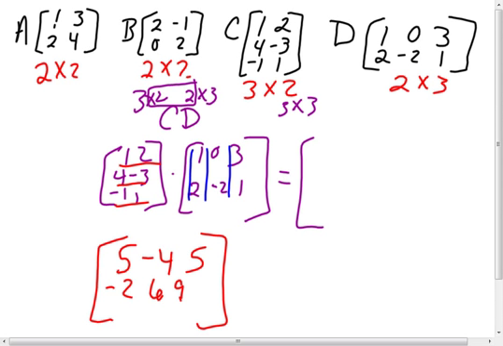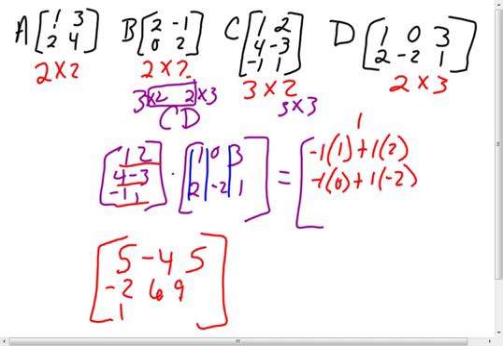The last row is going to be the third row of C, so that would be negative 1 times 1 plus 1 times 2. So that would be negative 1 plus 2, so that's going to be positive 1. And then I'll go ahead and write that at the bottom. Negative 1 times 0 plus 1 times negative 2.